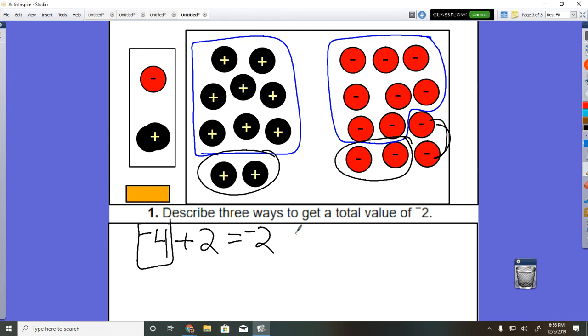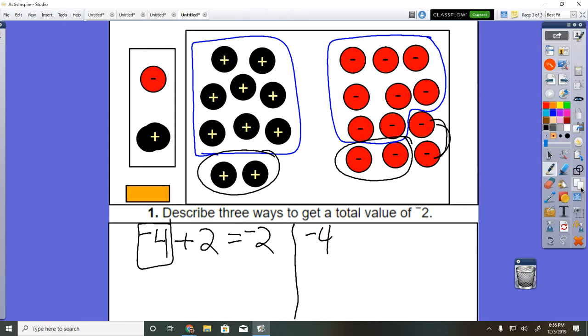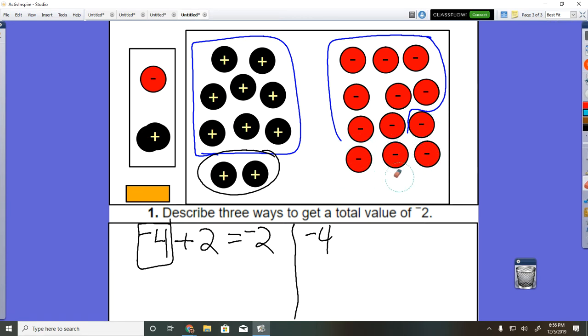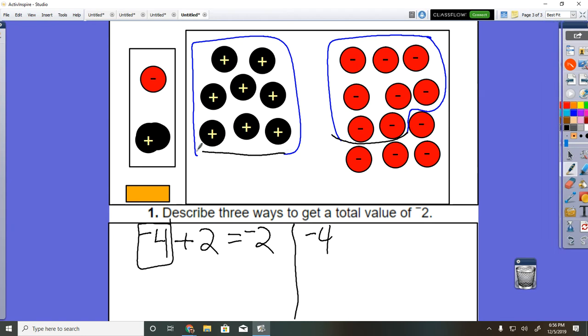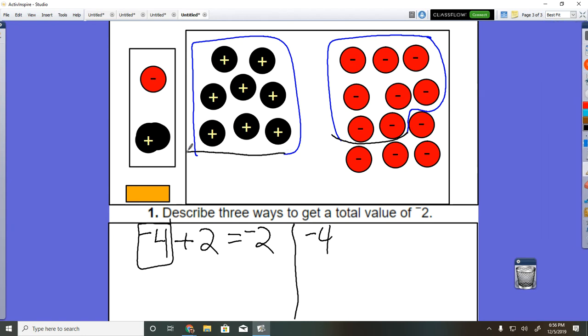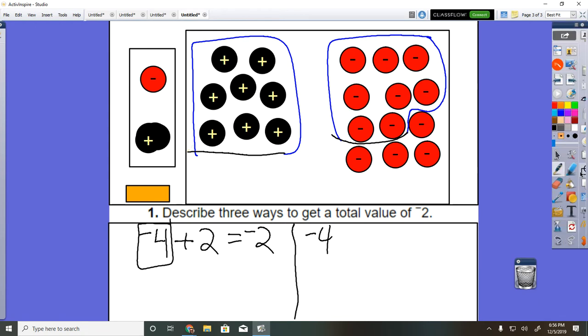All right, another way that I can get there, again, starting off at -4. If I take away 2 negatives, I can also end up at -2.